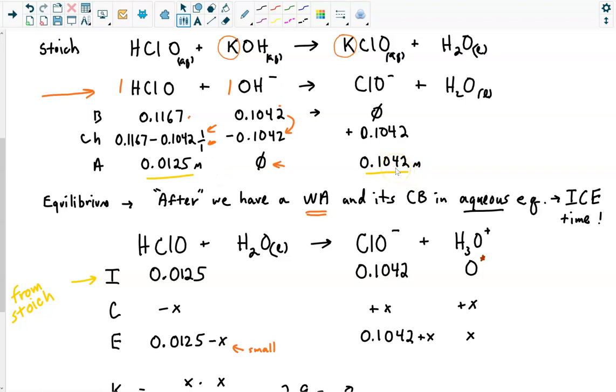And so you write the reaction. It's HClO, that's your acid, plus water, in a way the water it's dissolved in, or I guess even the water that it created, will give you ClO minus and H3O plus. And this will be in equilibrium because the acid and the conjugate base are both present in an aqueous solution, and they will set up an equilibrium.